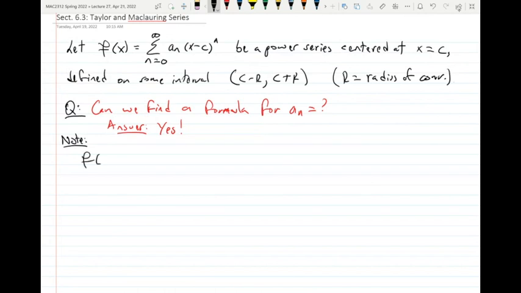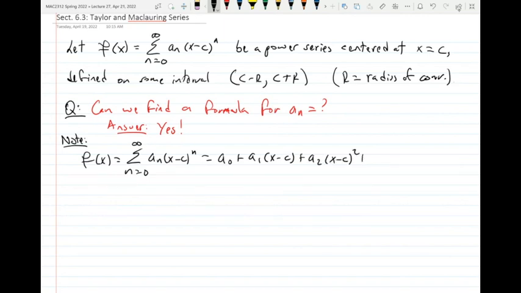So the idea is the following: f of x is a power series, right? So what that means is I'm going to spell this out. This is equal to a0 plus a1 times (x minus c) plus a2 times (x minus c) squared plus a3 times (x minus c) cubed, and so on. Okay, that's what the power series is. And our job now is to figure out what these are: what is a0, what is a1, etc. And then the observation is that when we have this function, we can take derivatives of this, right?